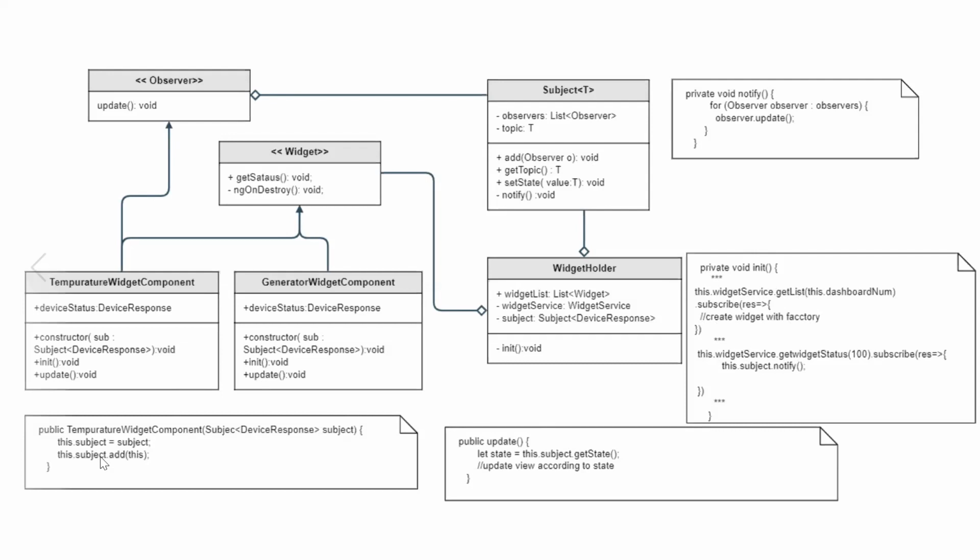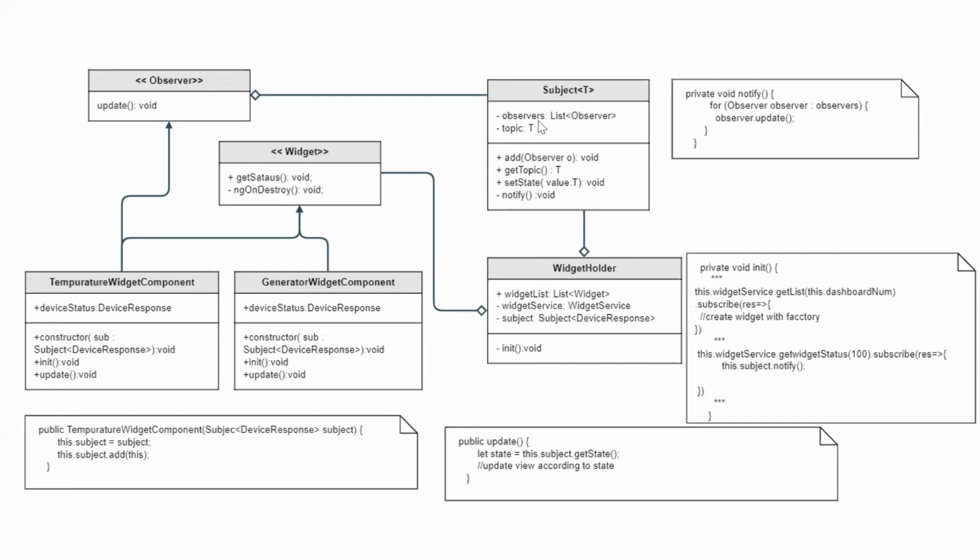So when we notify, the subject will have a list of observables created here, and it will update all the observables. Inside the update method, we have the subject state.